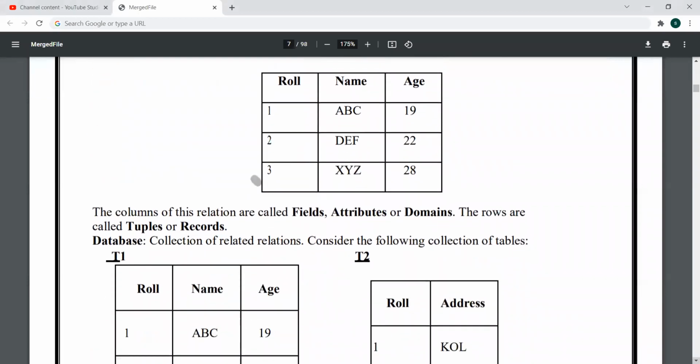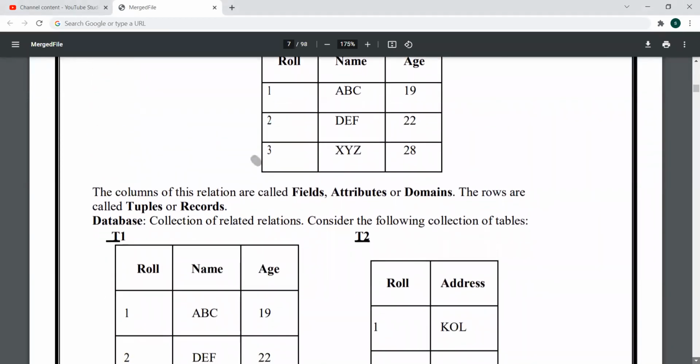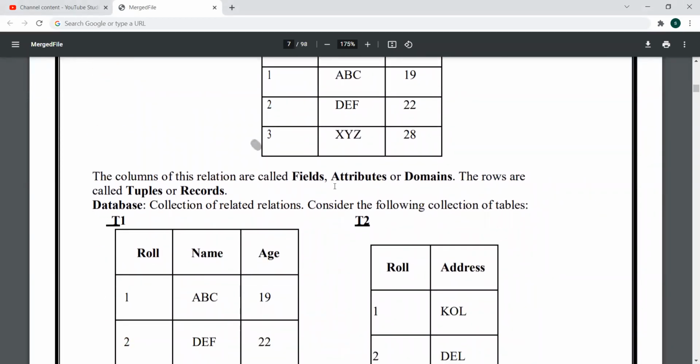The columns of this relation are called fields, attributes, or domains. This is the first column, this is the second column, this is the third column. They are called fields.